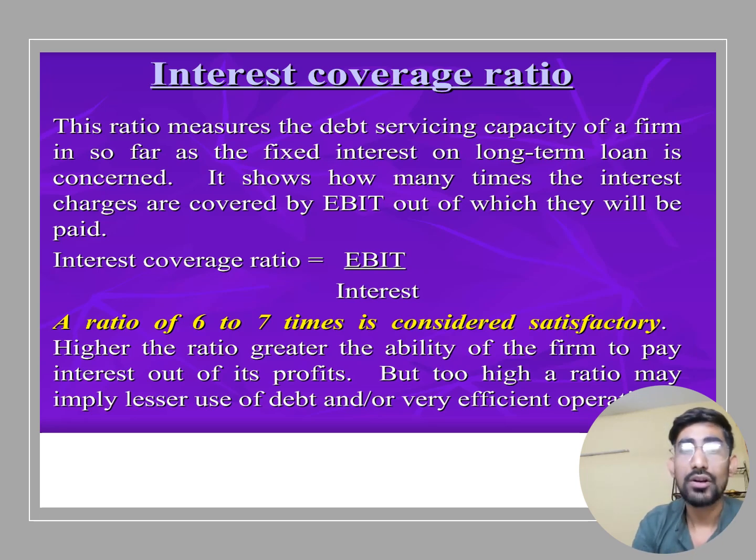that means the company is performing well. So the higher the ratio, the greater the ability of the firm to pay the interest out of its profit. As we know, we pay our interest from the profit that we have generated in the particular financial year. That's why we deduct the interest in our profit and loss account.